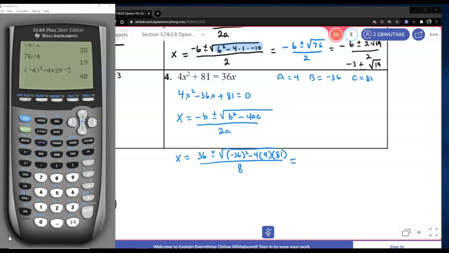So let's go ahead and use our calculator to evaluate the discriminant. Negative 36 squared minus 4 times 4 times 81.